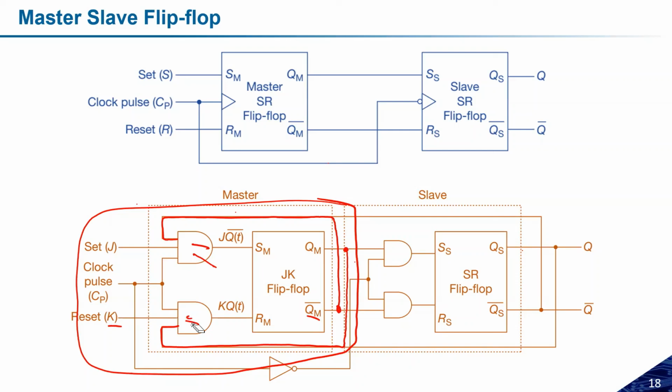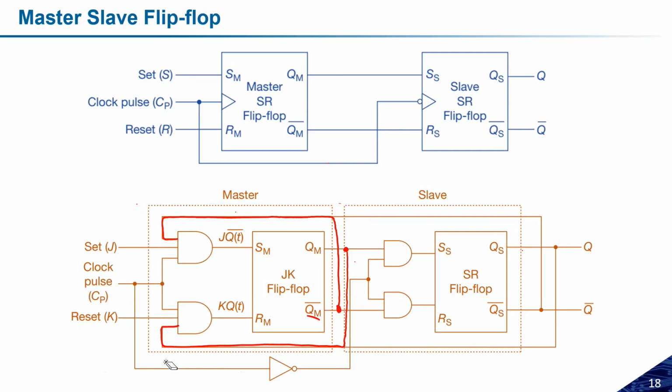But if I want to make the JK flip flop based master slave flip flop, an individual component is not required here, because I need to connect the output of the slave to the input of the master. So there's a difference here.